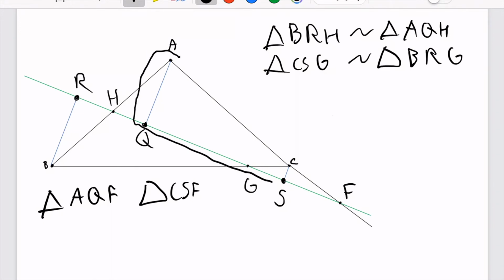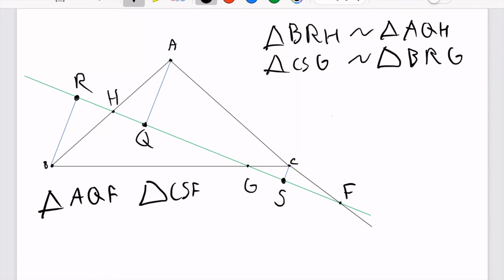So CSF is sort of inside AQF in the diagram.